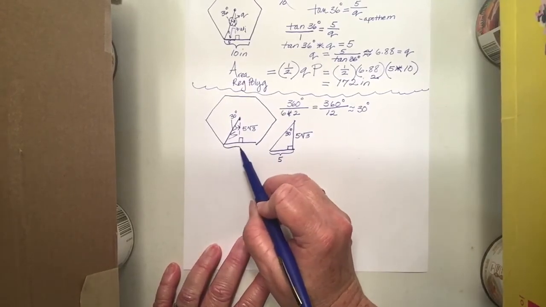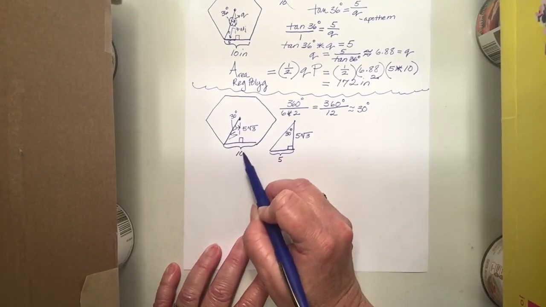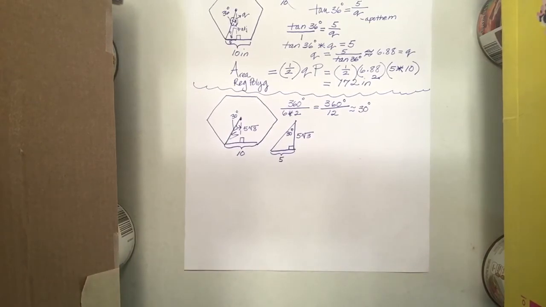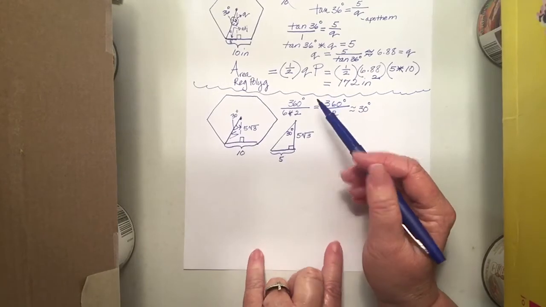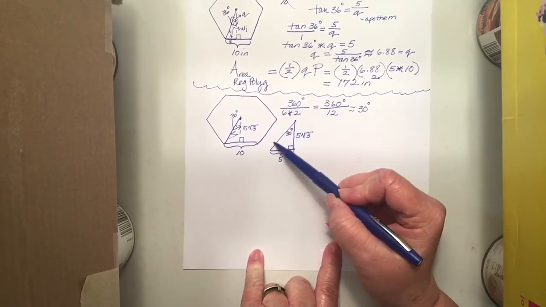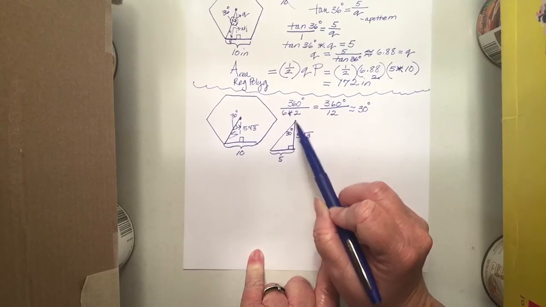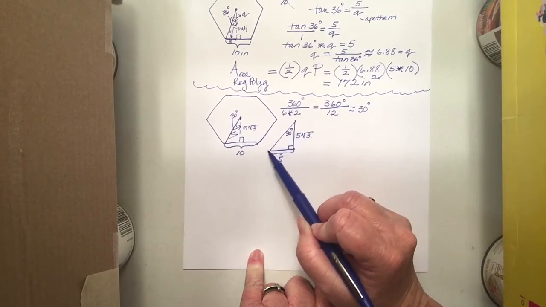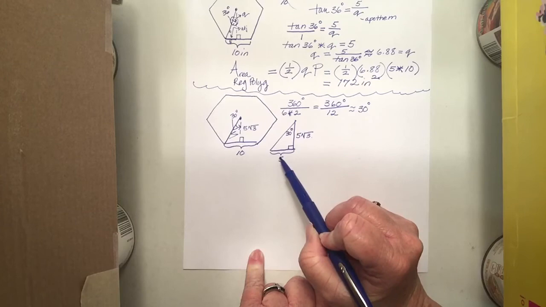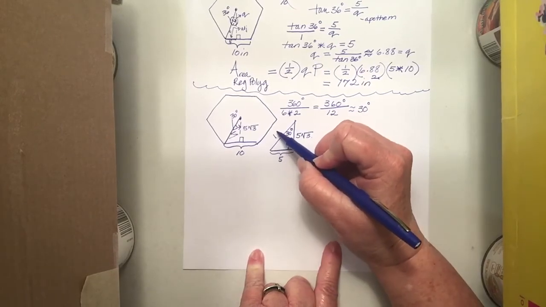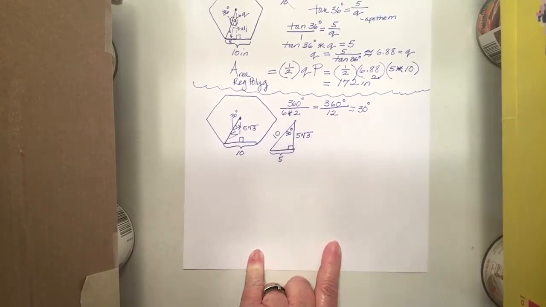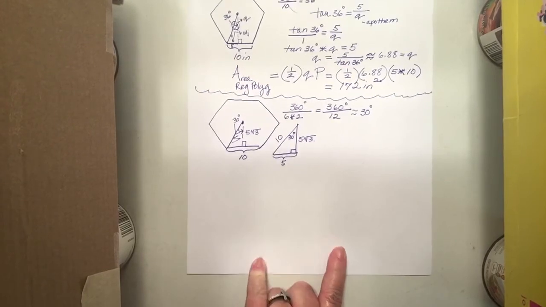Making this 10. Correct? What is this side? This is 5. This is 5 square root 3. Remember, the hypotenuse would have to be double the short leg. So that is also 10. Really cuts our work short in this problem.